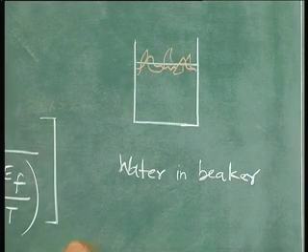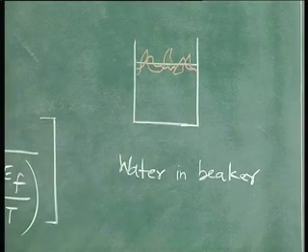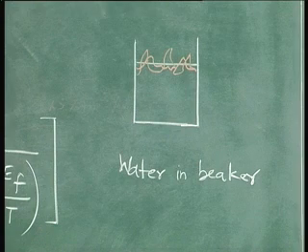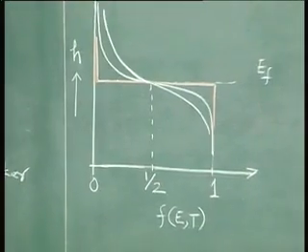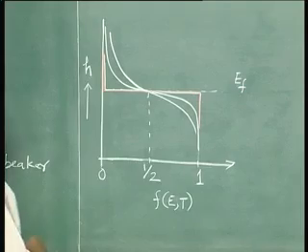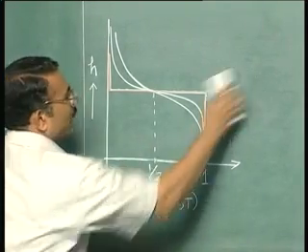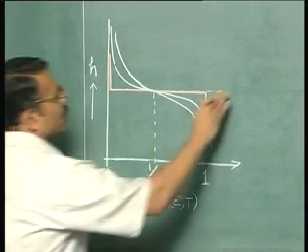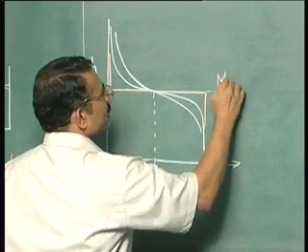If I were to now plot, I replace this energy by height, and instead of the Fermi level I call this the mean top surface of the liquid.